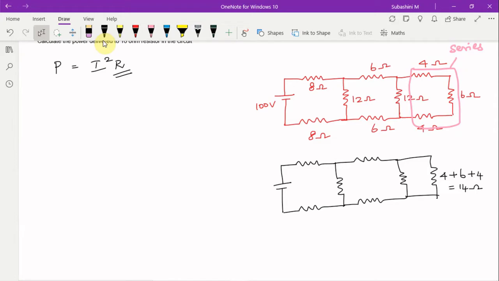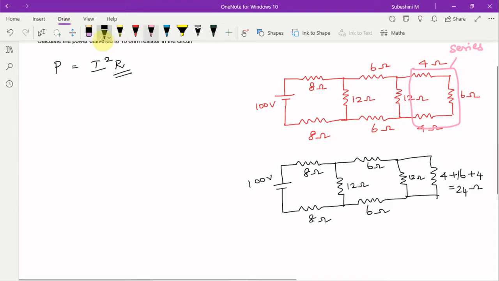So now we have 24 ohms, 12 ohms, 6 ohms, 6 ohms, 12 ohms, 8 ohms, here also 8 ohms, and the 100 volt voltage source.